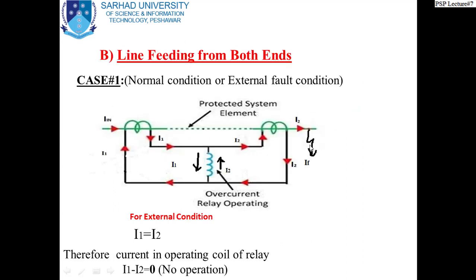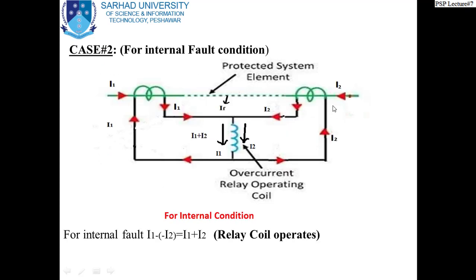So you have seen the previous slide, where we showed that I2 is equal to 0, but the direction remains the same because we have an external fault. So now, gentlemen, this is the I2 direction, and with this I2 direction, this will be the output of the CT I2, and this will be the output of the incoming CT I1, and the outgoing CT output is I2, and the direction of current in the operating coil is the same.